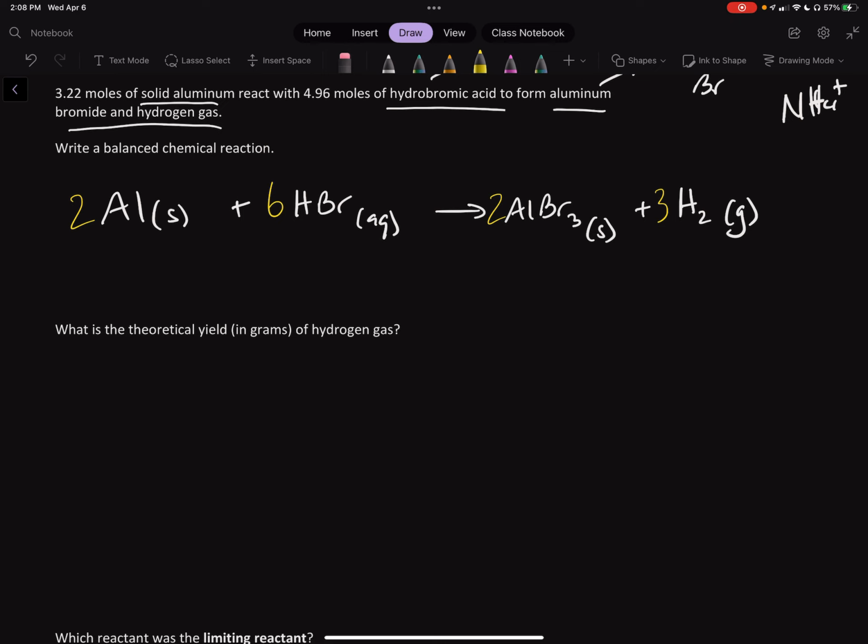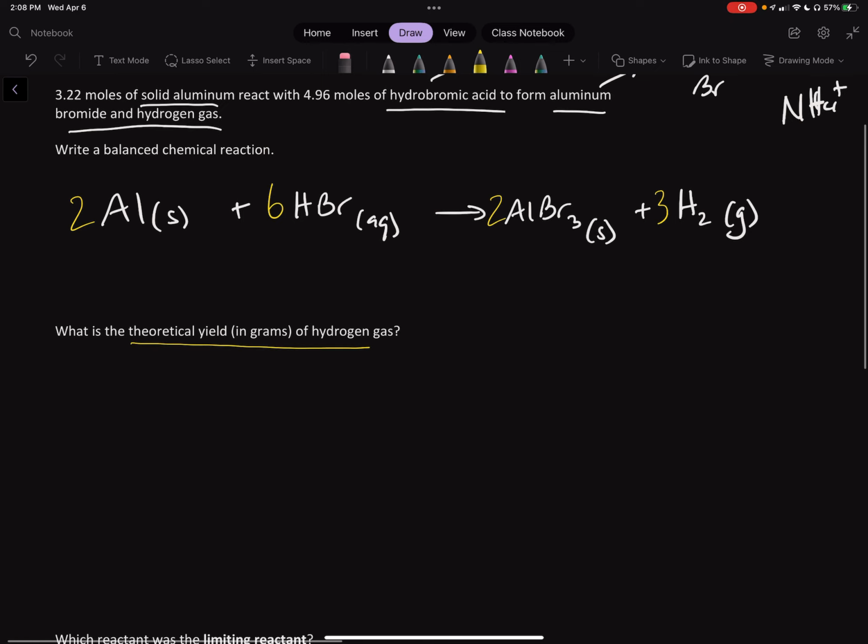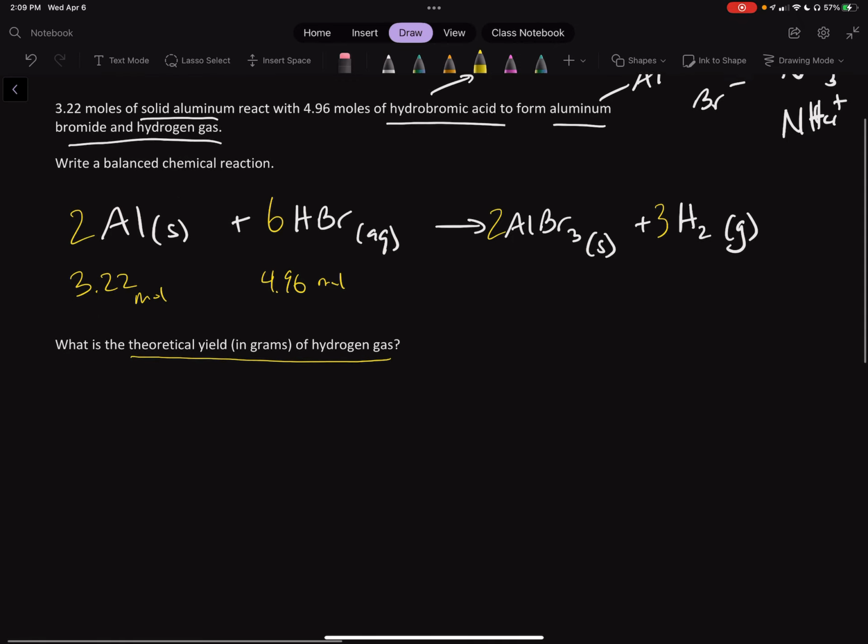Now, since they're asking us to figure out the theoretical yield of hydrogen gas in grams, one strategy is we can take the amount of each reactant, so 3.22 moles of aluminum and 4.96 moles of HBr, and convert both of those into grams of hydrogen gas or moles of hydrogen gas. And whichever one gives us the smaller answer, that is our limiting reactant. That is the reactant that effectively limits how much hydrogen gas we can create.